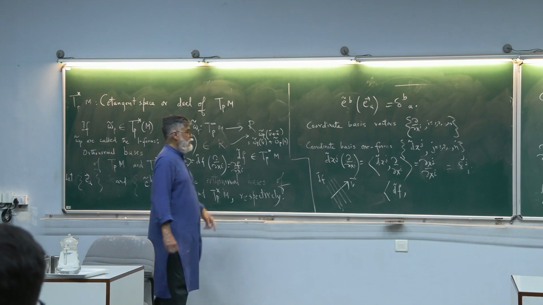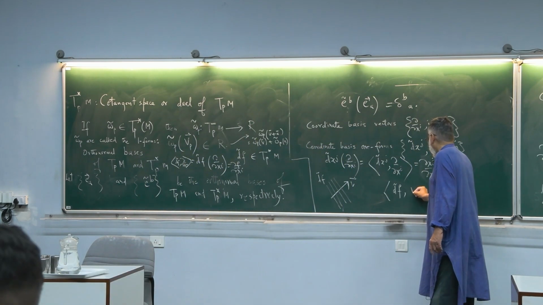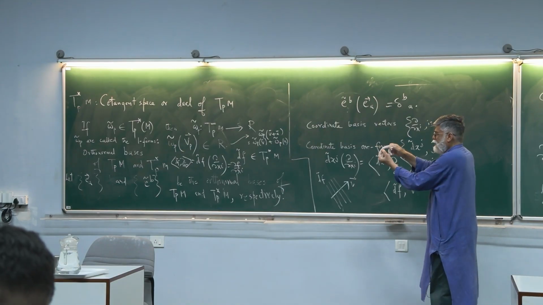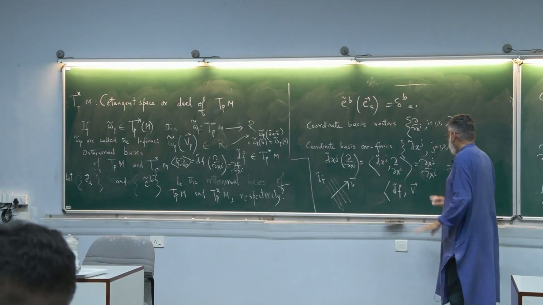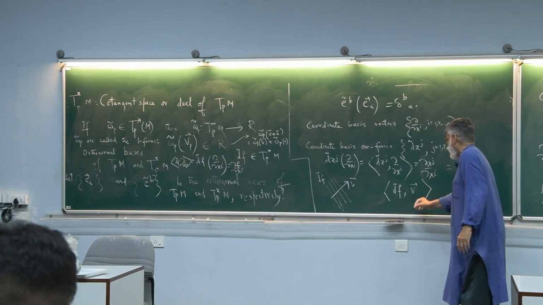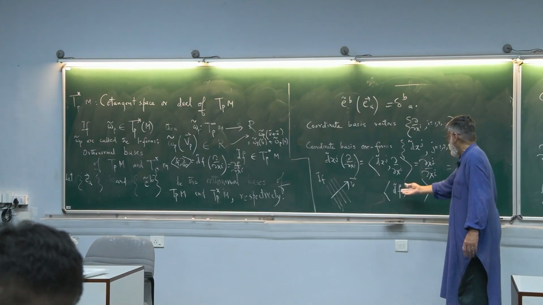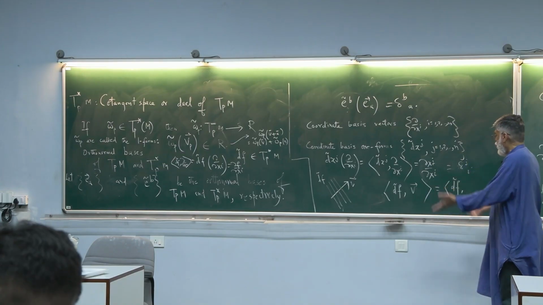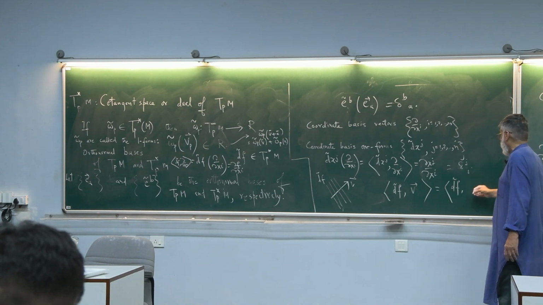So, because of that, df acting on a general vector, if you take a general vector, now I am not writing the subscript p. We know that everything is happening at one point on the manifold. This is understood. So, you can ask, if df acting on v is this, what is this? So, this by definition is d of f comma v, and you can write v in terms of the basis vectors del by del xi.